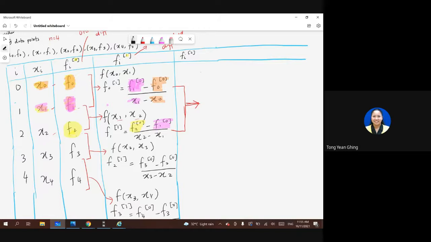Apabila pergi sini, so I will consider start from x0, x1, and then x2. So tiga ni.